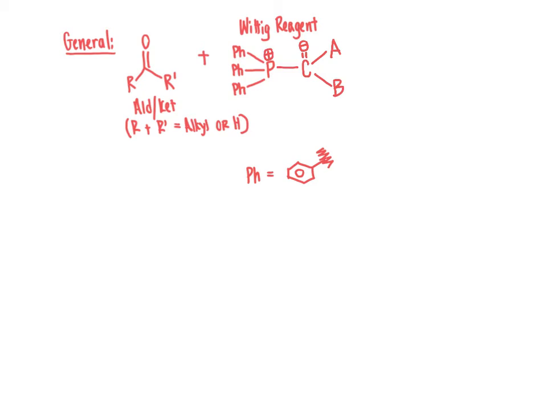In addition to referring to it as a Wittig reagent, we can refer to it also as a phosphorus ylide, Y-L-I-D-E, where that ylide term refers to a neutral molecule that has oppositely charged atoms directly bonded to each other. So in this particular resonance structure, we qualify as an ylide because we have oppositely charged atoms, phosphorus with a positive charge, carbon with a negative charge, that are directly bonded to one another.